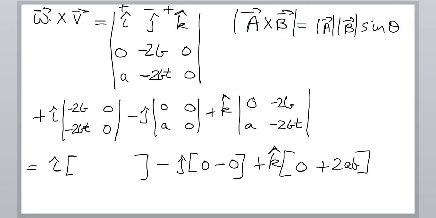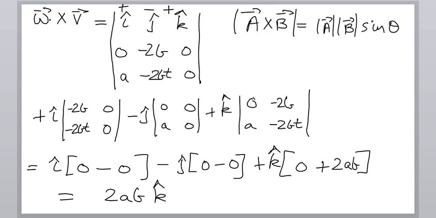Minus i cap multiplied by a 2 by 2 determinant with its elements as minus 2b, 0, minus 2bt and 0, and then the j component and then the k component can be written like this, and then if I multiply these two terms, I'll get 0 minus 0. Okay, so the final result will simply be 2ab k cap, because the remaining terms are going to 0.